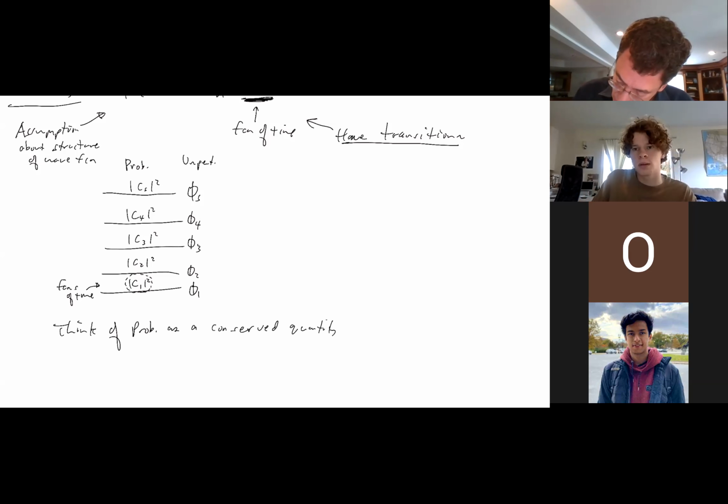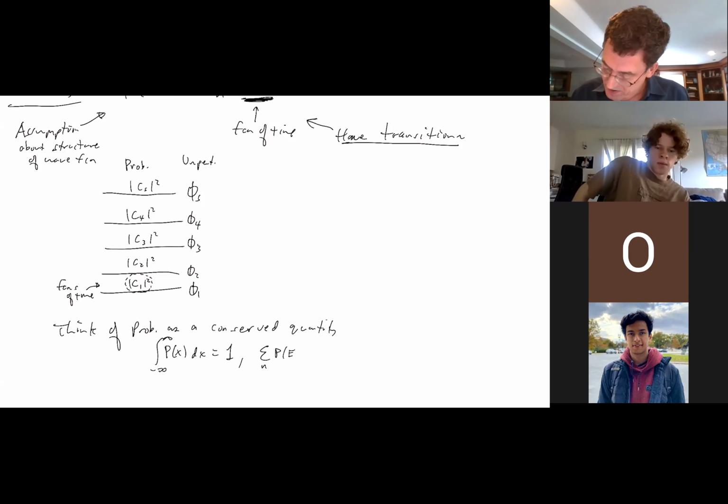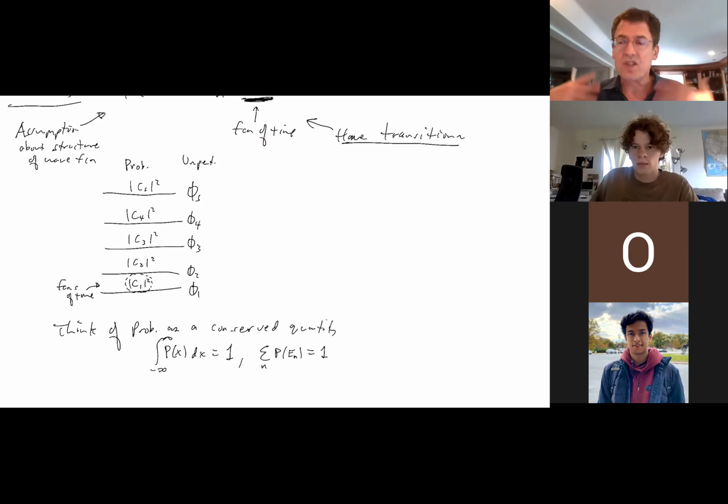And that's true because we know that the integral of the probability is equal to what? What's the integral of probability? 1. That's right. Or I could say, the sum over n of the probability to be in E_n is also 1. Probability is conserved. There's a finite amount of it.